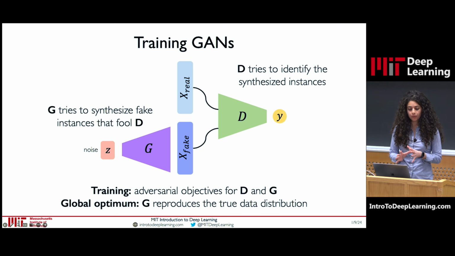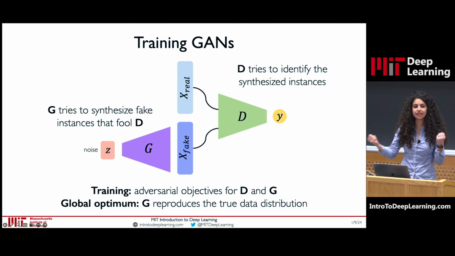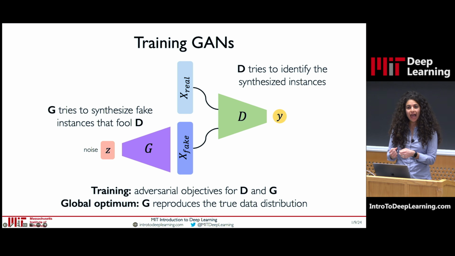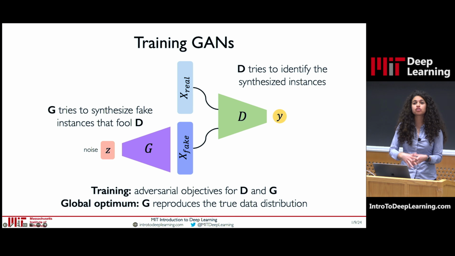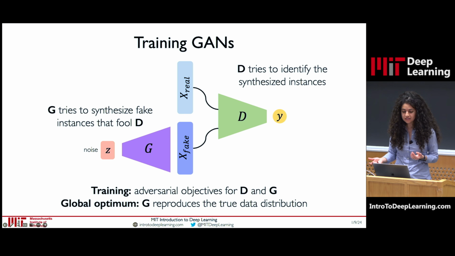In training, the loss function that's set up for a GAN composes these two competing objectives for the generator and the discriminator. If we succeed in training the GAN overall, we would reach an optimum where the generator is able to perfectly reproduce the true data distribution, and the discriminator has no power at all in classifying these instances.